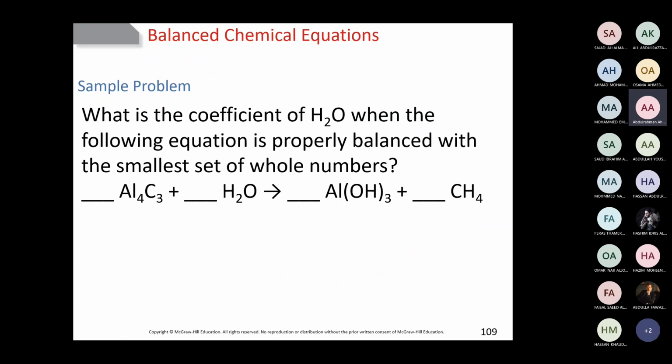Let's go to this question. Balance the equation quickly. Just balance the equation. What should I put here?